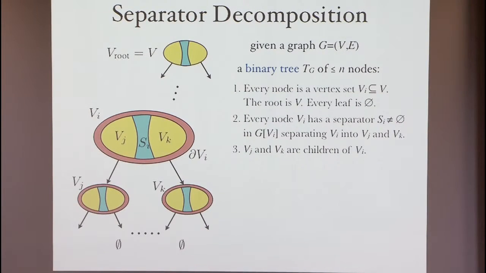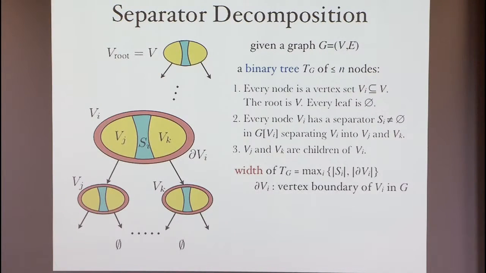So Vi is separated into disconnected vertex sets Vj and Vk, which correspond to its children. And we recursively do that until in the leaves, the sets are empty.